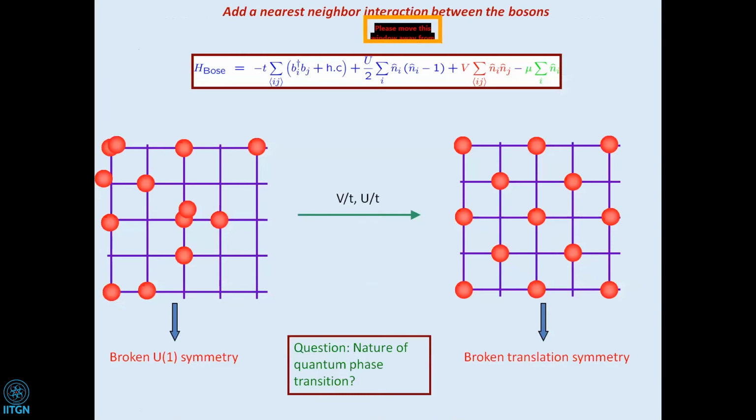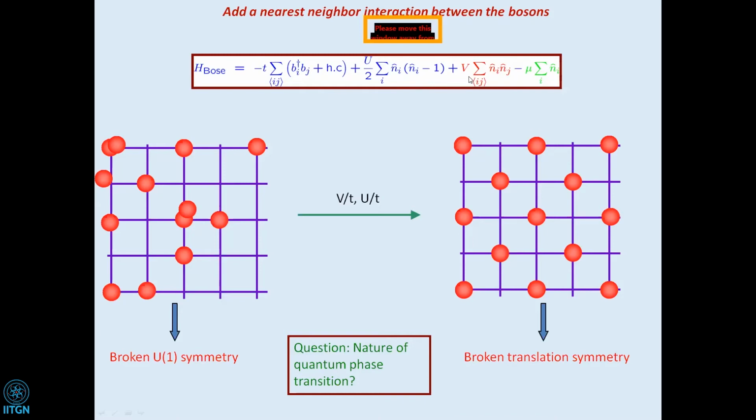The other thing to do, again theoretical, is to get a translational symmetry broken state by putting in a next-nearest interaction between the bosons. We already saw that in the Hubbard model there is an on-site interaction, which means that if you put more than one boson on a given site, you have a cost of energy.